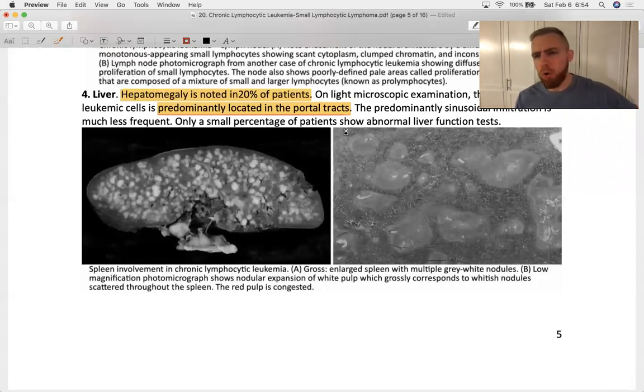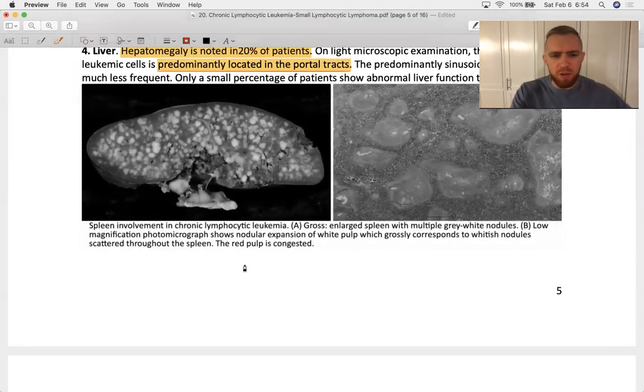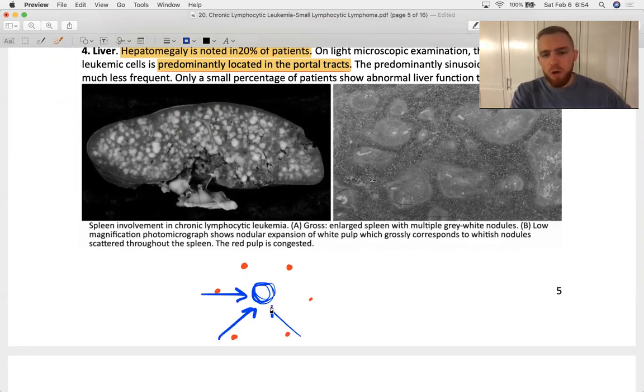And that your portal triads, kind of some basic histology here, are centered around a central vein, and blood, recall, drains from portal triads to the central vein. And then you got your zone 3 to 2 to 1 of the liver in order.